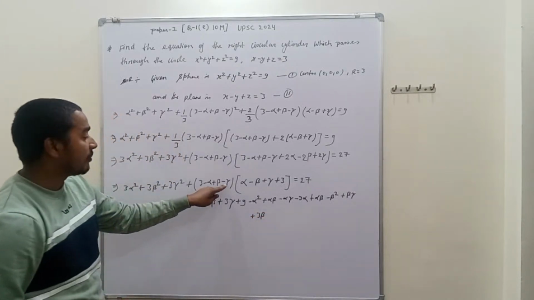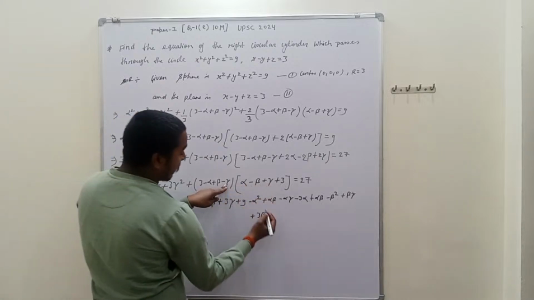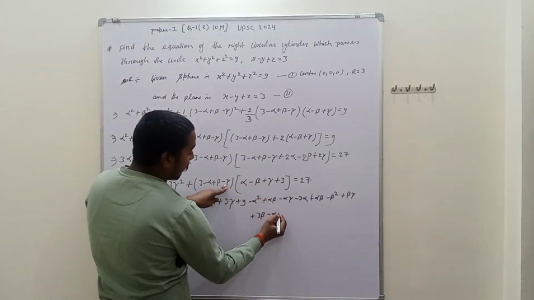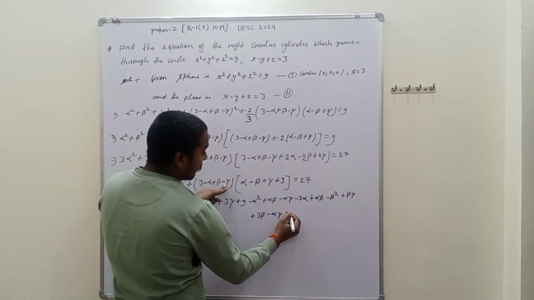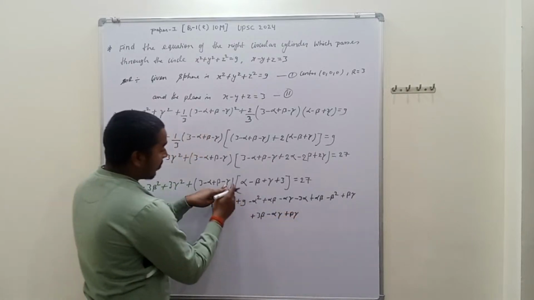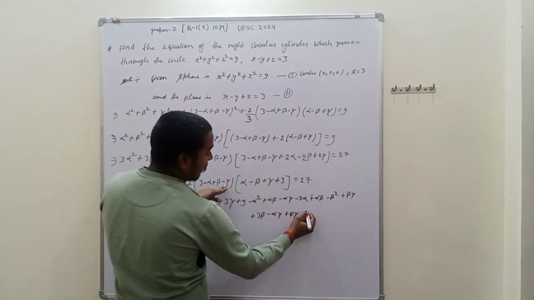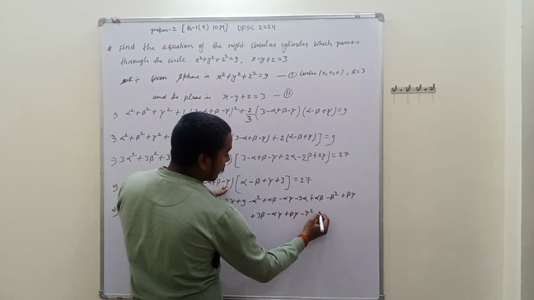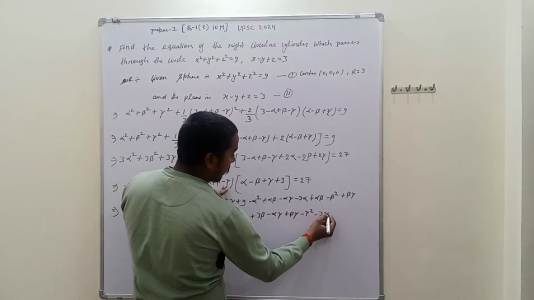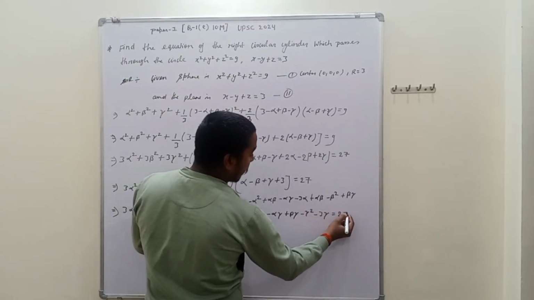Further we have to multiply with minus gamma with this function, that is minus alpha gamma and plus beta gamma and minus gamma square and minus 3 gamma is equal to 27.